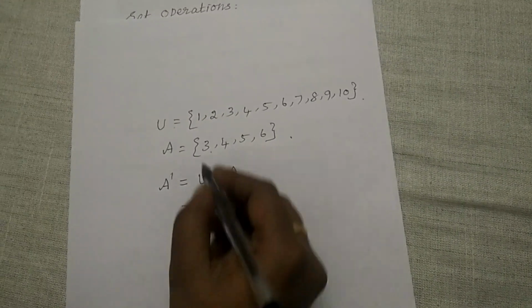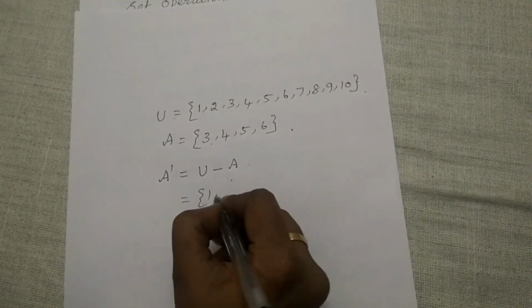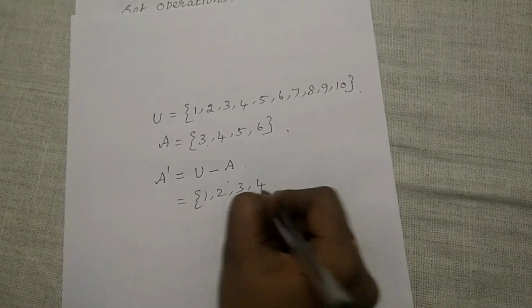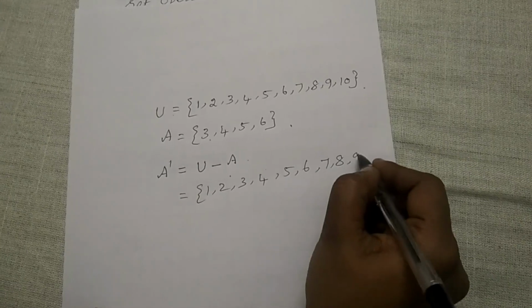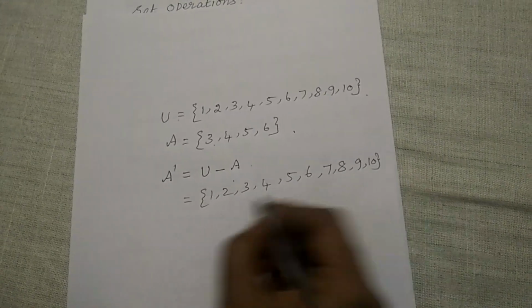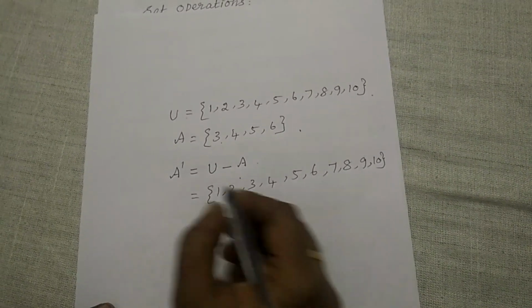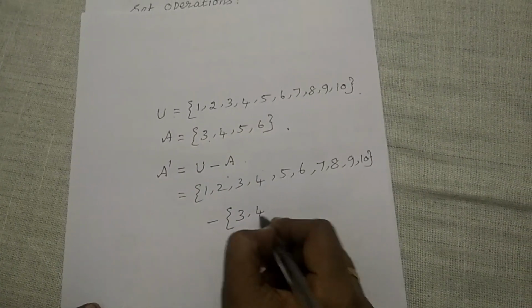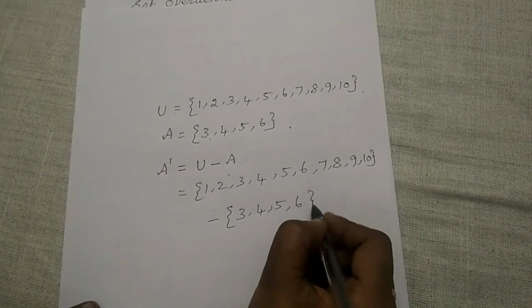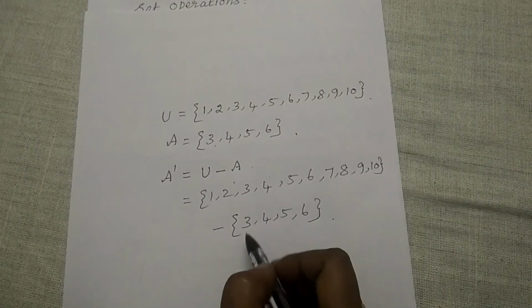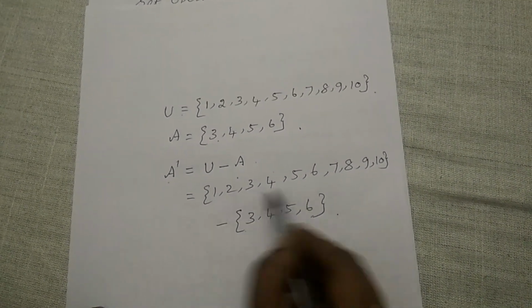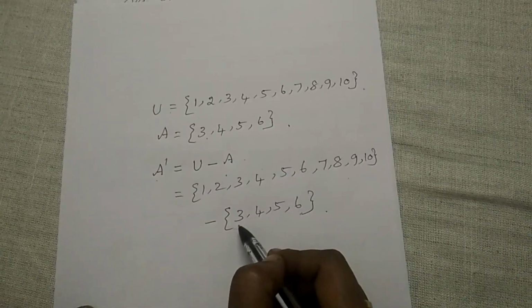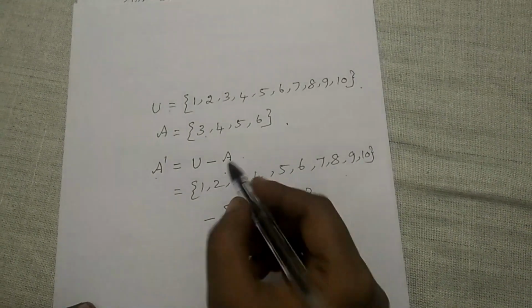What is the universal set here? 1, 2, 3, 4, 5, 6, 7, 8, 9, 10. Then minus this set A, 3, 4, 5, 6. Okay. Then A complement means except this A, the remaining universal set. 3 is in the universal set, isn't it?